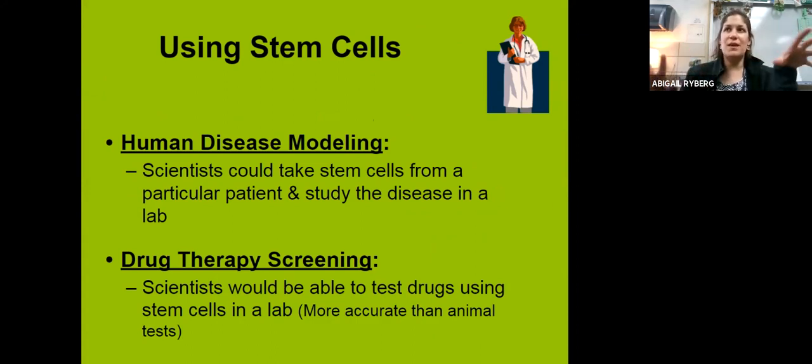There's two modes with this. It's also important to think about what we call human disease modeling. Basically, scientists could take stem cells from a particular patient and study the disease in the lab.